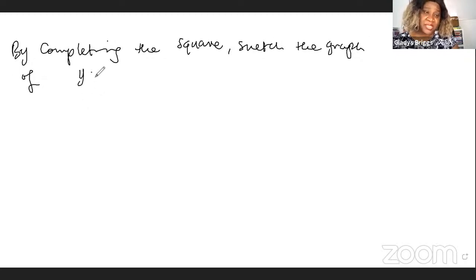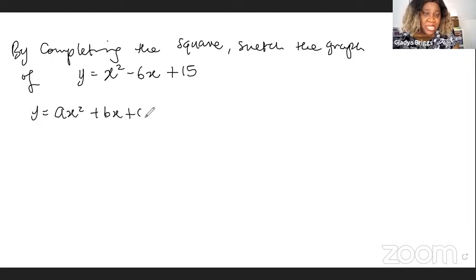Let's say y is equal to x squared minus 6x plus 15. This was the example that we did in class, yeah? And I told you that if y is equal to ax squared plus bx plus c is the general format of a quadratic equation, then you can use this formula to complete the square on this equation, yeah?